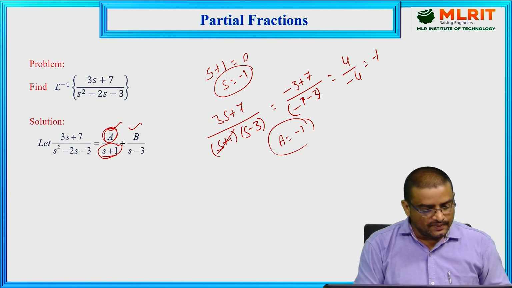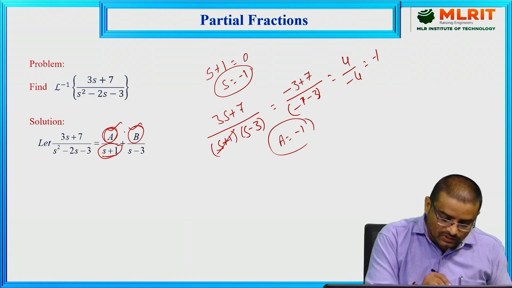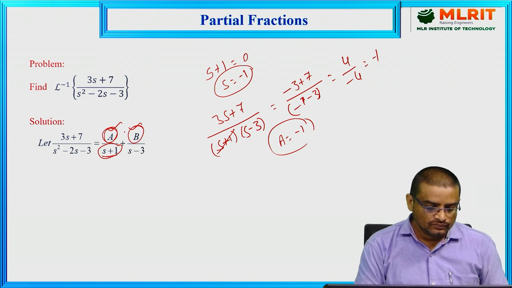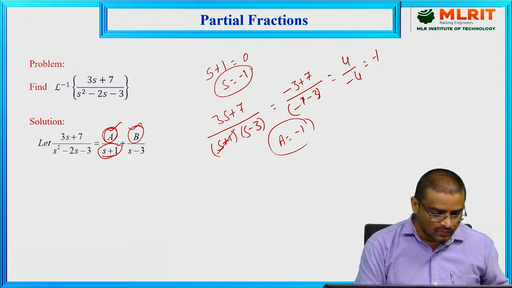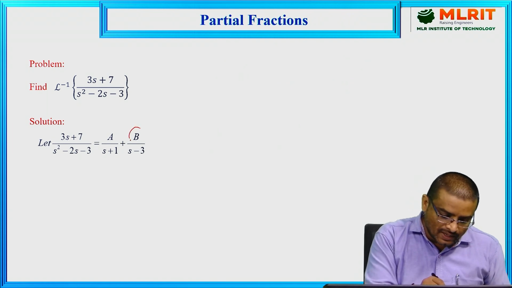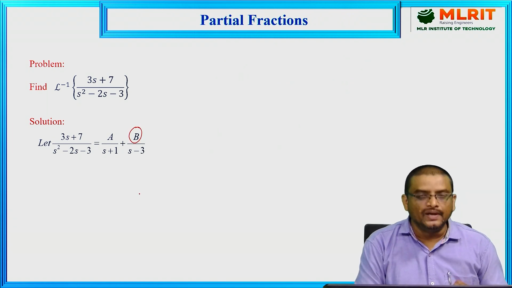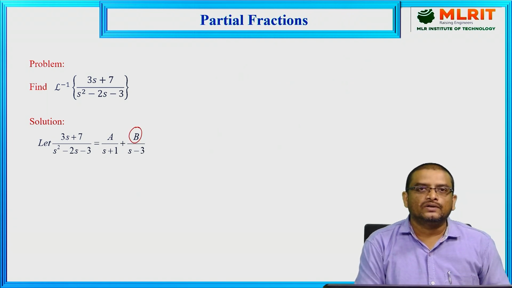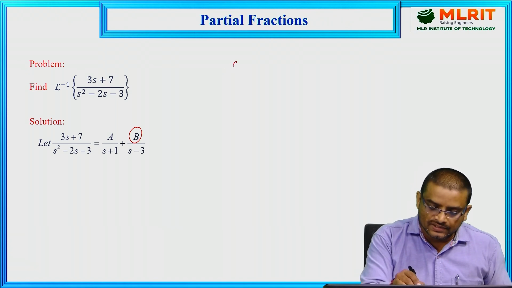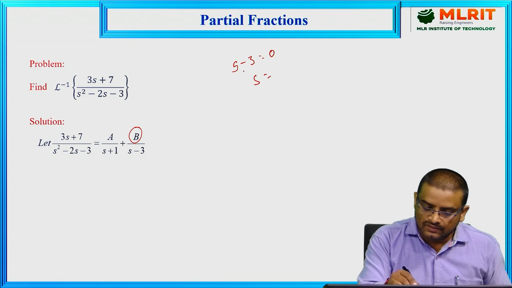And similarly, now I want to find out the value of b here. Whatever the factor we are having under b, you equate that factor to 0. Our factor is s minus 3 is equal to 0, and from this you will get s is equal to 3.